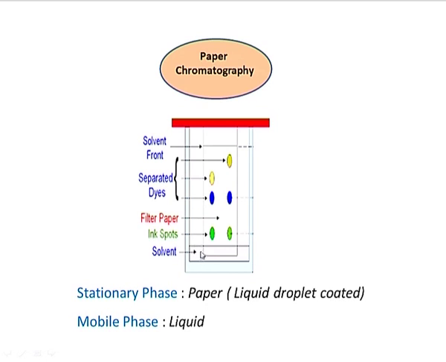So, gradually the solvent would rise up, and that would make those solute particles interact with the stationary phase, which is paper in this case, and based upon their differential interactions, by the time your solute reaches the top, the particles would have been separated. So, this is about paper chromatography.